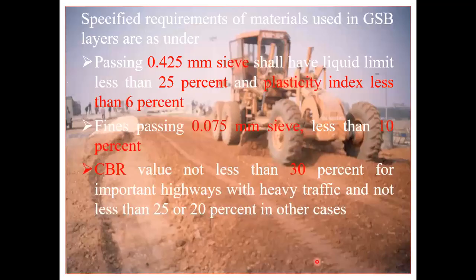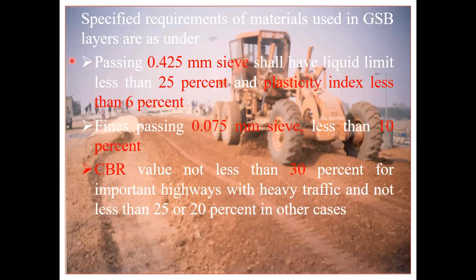This is the general procedure. The soil required should pass through the 425 micron sieve, with liquid limit less than 25% and plasticity index less than 6%.